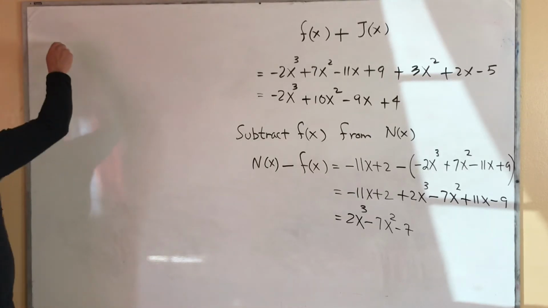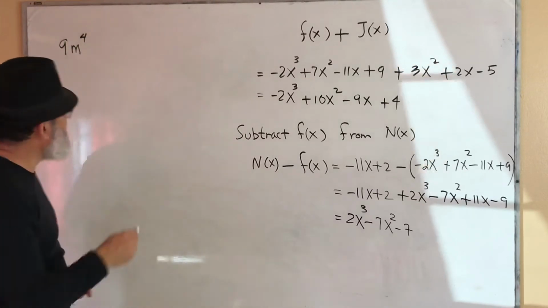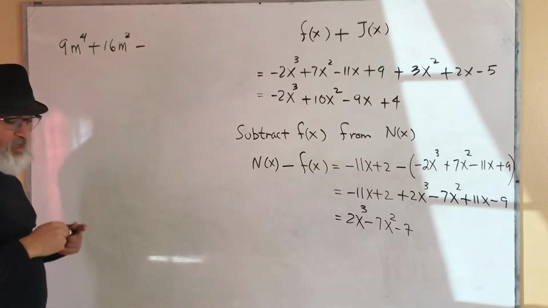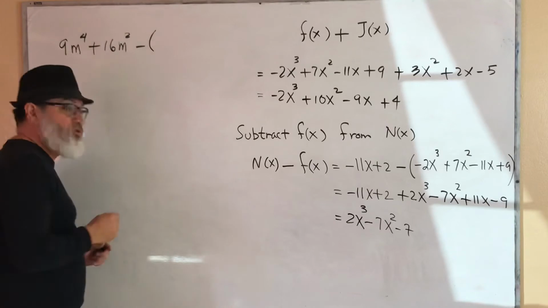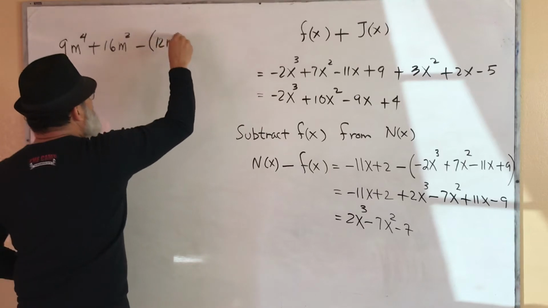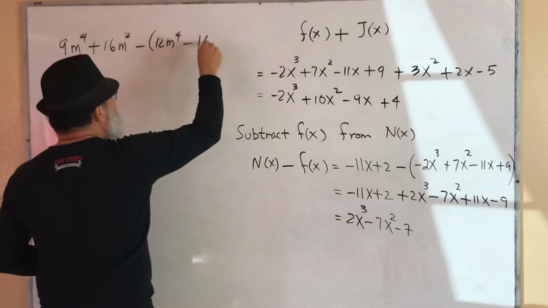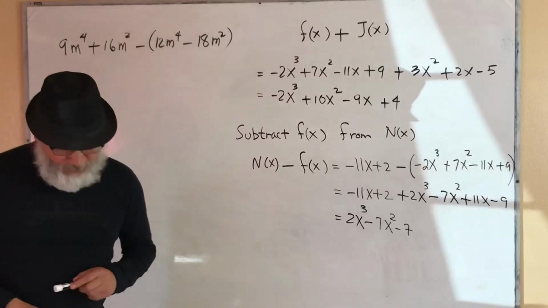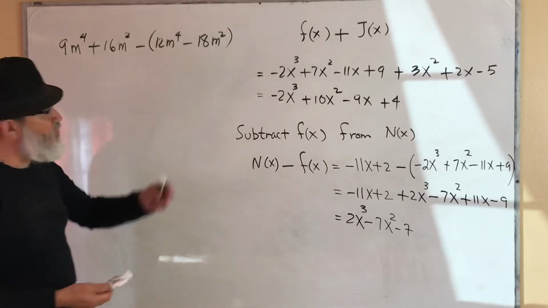It says 9m to the 4th plus 16m squared minus, they are subtracting, parentheses. The book uses parentheses. 12m to the 4th minus 18m squared. This is page 384, self-check number 6. Okay, I need the room, so I've got to erase this.